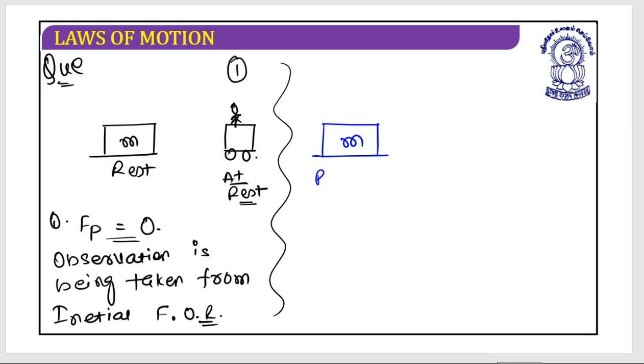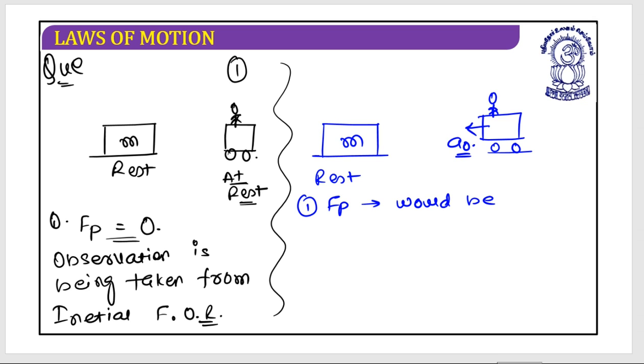This is block M. It is still at rest, but you yourself are moving with acceleration a naught. So, do you apply the pseudo force? Yes, FP would be there. Why?